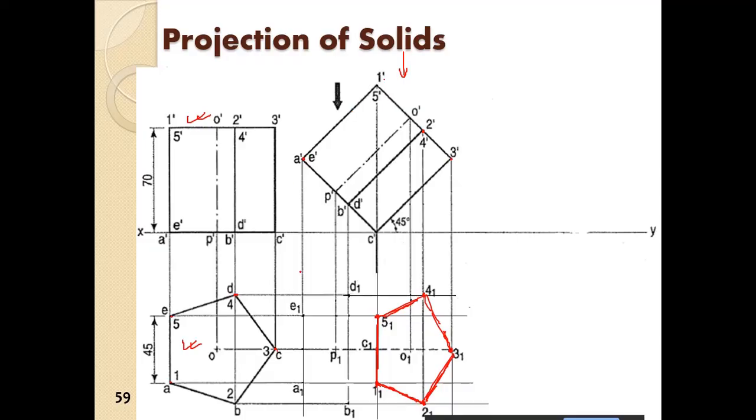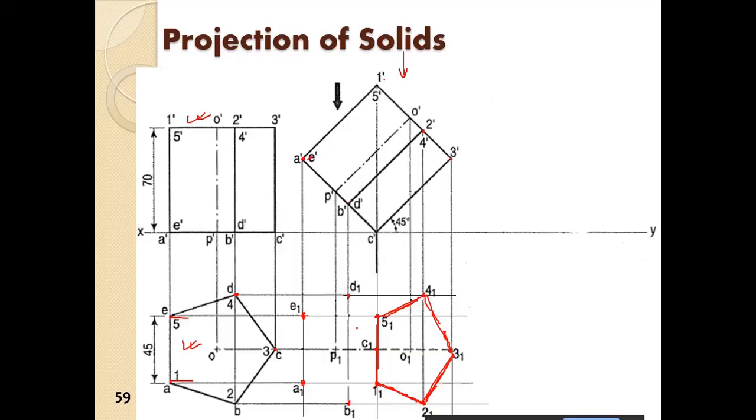Here A dash is projected up to A1 here, so this is A. Then E dash is projected up to E here, so this is E. Then D dash is projected to this point D. Similarly, B dash is projected to this point, so we have B here. And similarly C dash is projected to this point, so this is C.